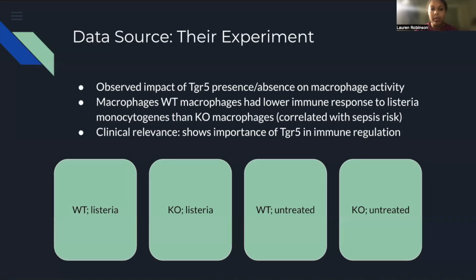So the clinical relevance of this is that we now know that TGR5 does play an important role in immune regulation, even when you want an immune response, but you want it controlled. This is important because this information could be used in the future for drug development, when you're trying to lower immune responses for various conditions.